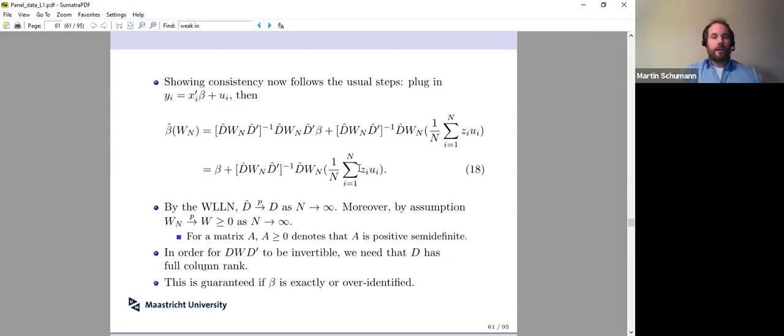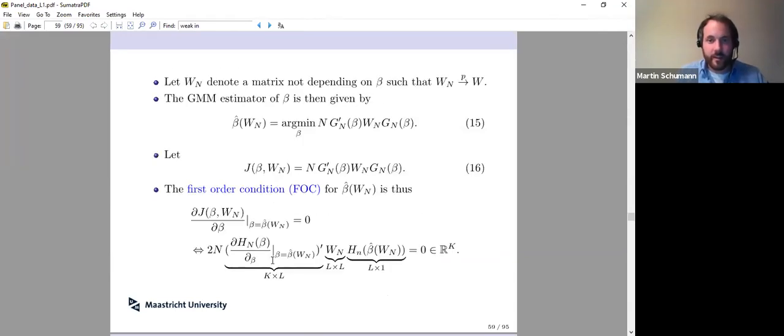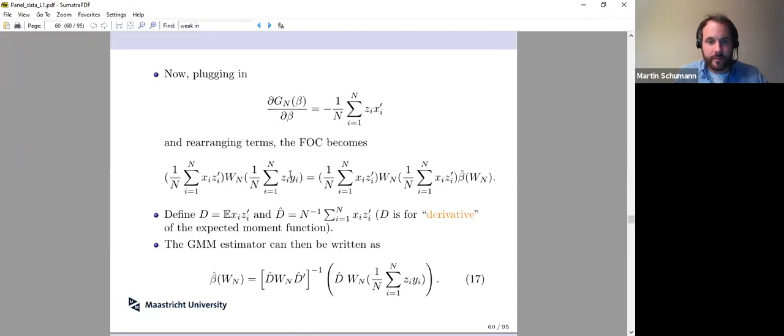Okay, now if you look at the matrices separately, D hat converges in probability to some matrix D, because remember what is the form of D hat? Where did we define it? Here, right, it's simply a sample average. And if we assume that the data is IID, this will simply converge to its expectation.